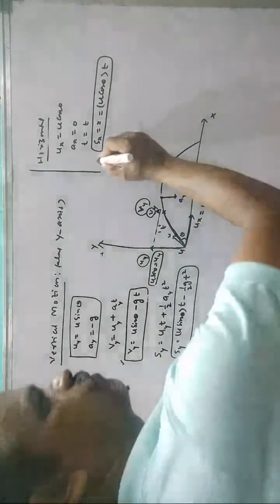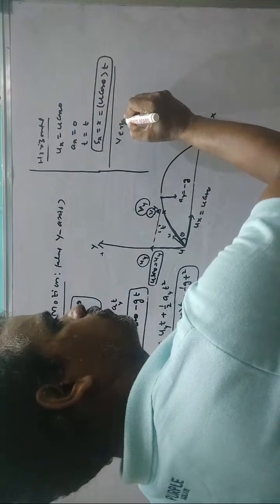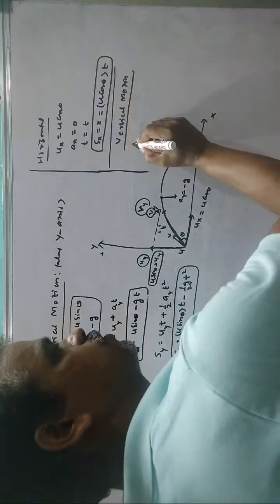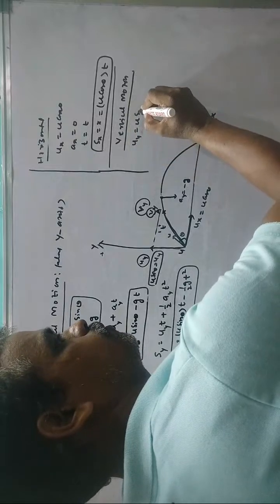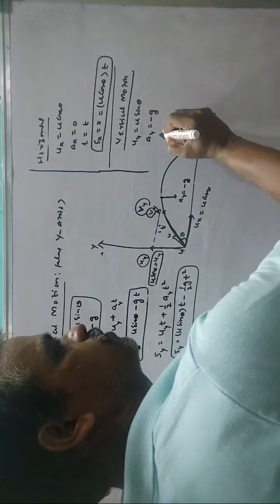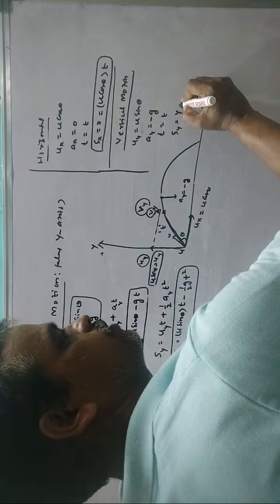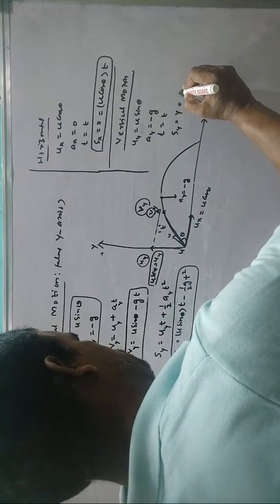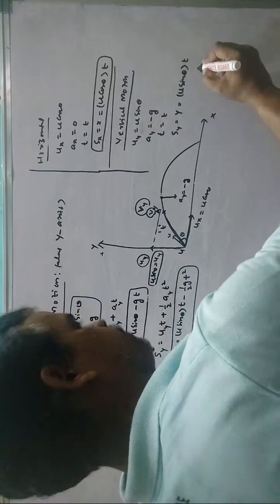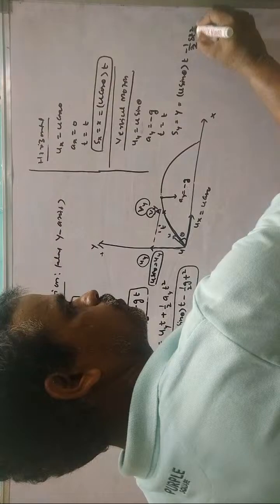See now, in vertical motion, uy equal to u sin theta, ay equal to minus g, t equal to t, Sy equal to y, that is equal to u sin theta into t minus half g t square.